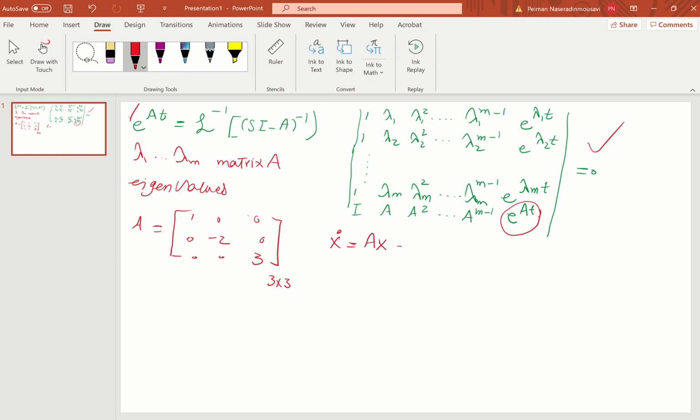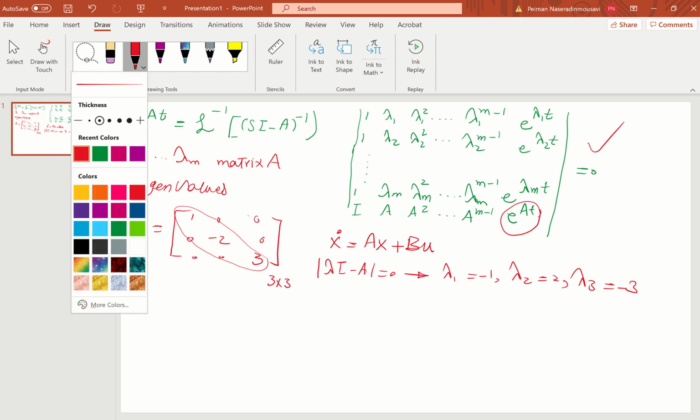We are talking about LTI systems, and this is a SISO system. You first have to calculate the eigenvalues, that is determinant of lambda I minus A equals 0. Simply because this matrix is diagonal, you can say lambda 1 is minus 1, lambda 2 is 2, and lambda 3 is minus 3. These are trivial rules in linear algebra.